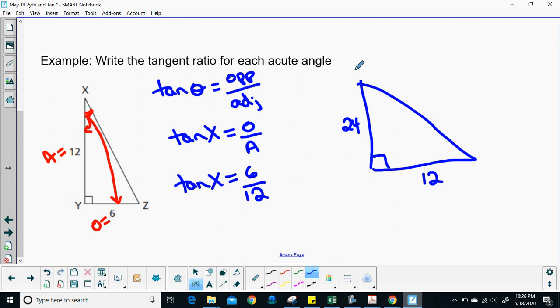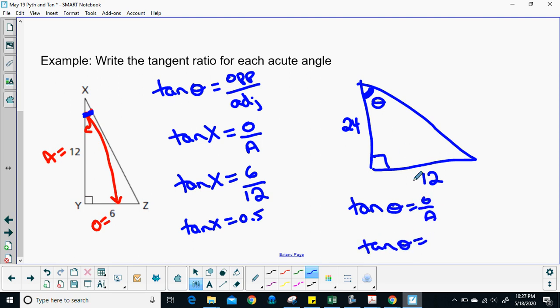Well, the cool thing is that this angle is still going to be the same as this angle because they're just multiples of each other, which is really cool because 6 divided by 12, well, that's just a half. Let's figure this one out. Tan of, let's just call it theta, opposite over adjacent. Well, my opposite here is 12. My adjacent is 24. Well, that's just 0.5.